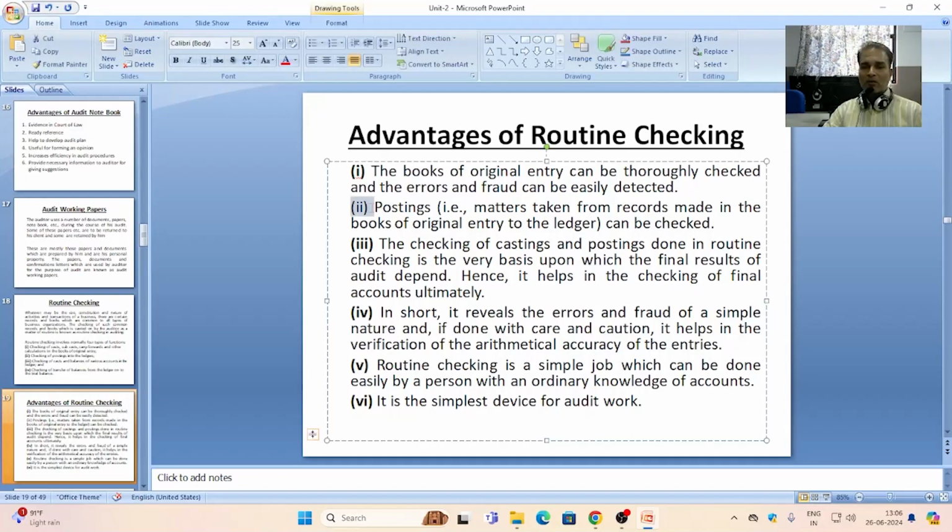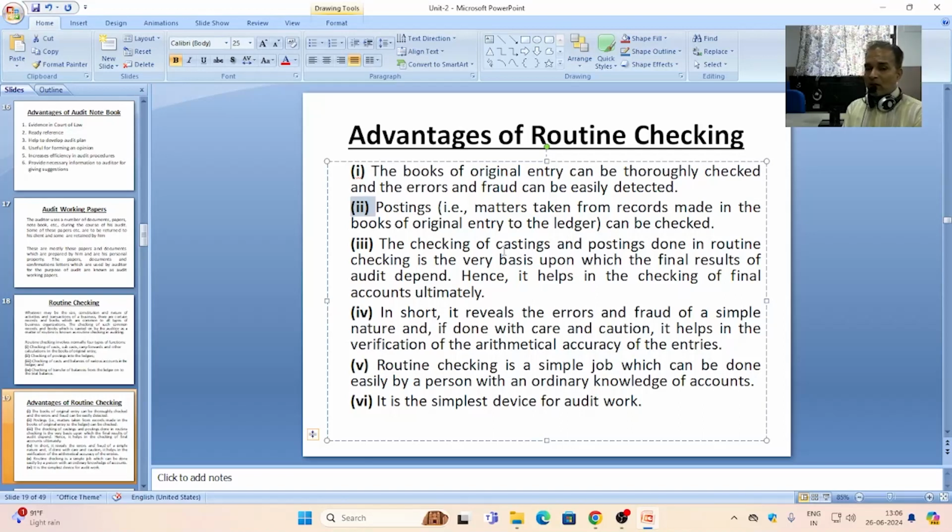Next one is posting. In the routine checking, the posting work is easily checked by the auditor, that proper posting has been done or not. Again, the checking of casting and posting done in routine checking is the very basis upon which the final result of audit depends.